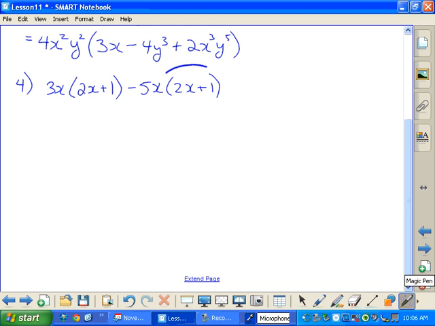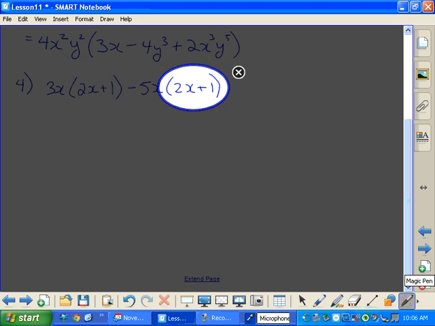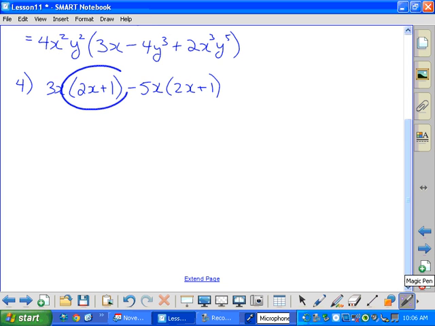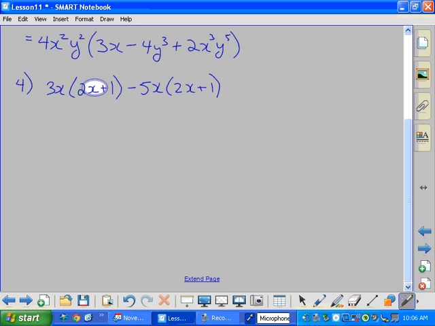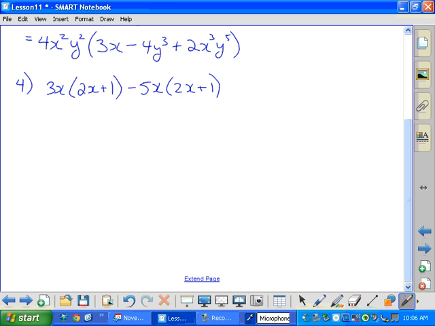And the answer is, yeah, it's partially factored. There are brackets. My question is, is there anything common to both terms? So there's 2 terms here. A term is separated by an adding or subtracting sign. So when I separate it like that with the green lines, is there a common term? And what you find is that each term contains a 2x plus 1.